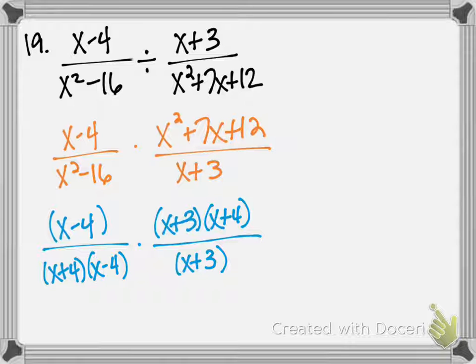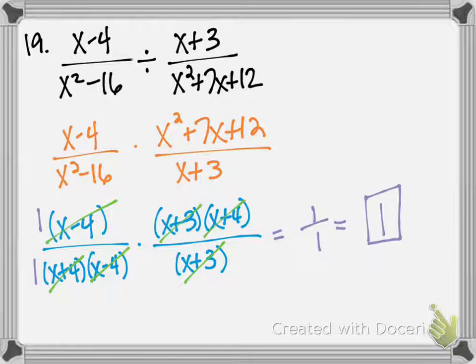And now you can go ahead and start reducing. You've got an x minus 4 on top and bottom, an x plus 3 on top and bottom, and an x plus 4 on top and bottom. Now you'll notice we have everything that canceled out. However, you are always left with a 1 on top and a 1 on bottom, so your answer when everything cancels is 1.